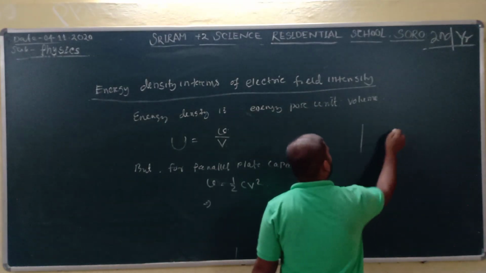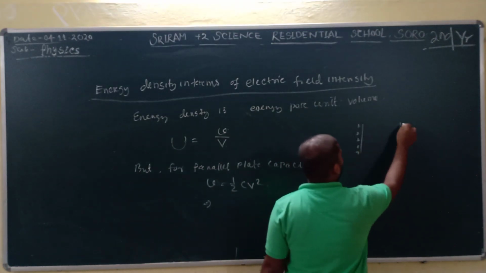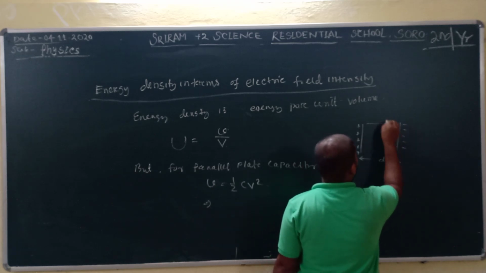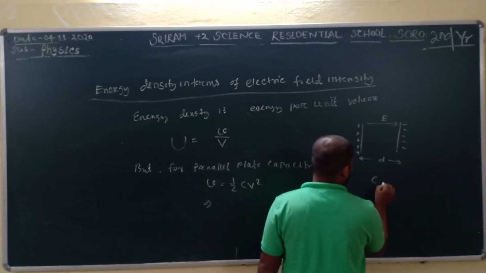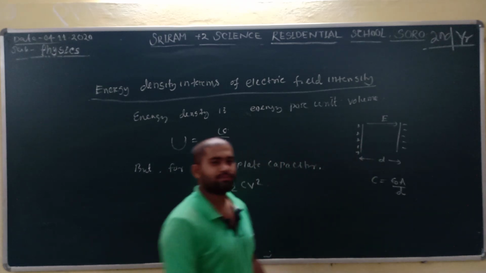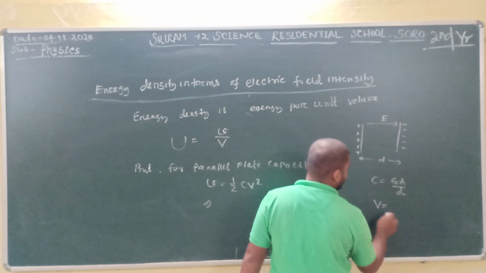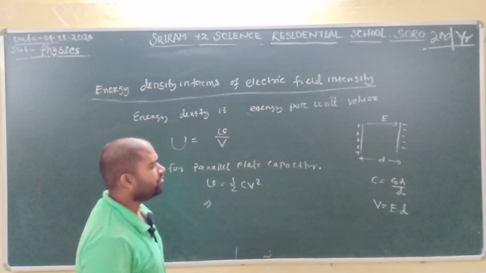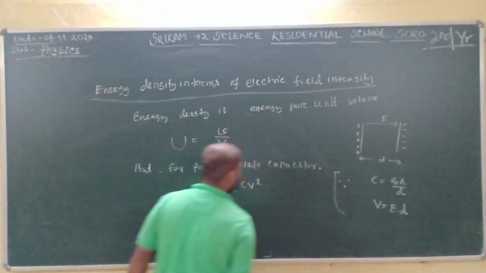Everyone knows for a parallel plate capacitor consisting of opposite charges separated by a distance d, suppose the electric field is E. Then the capacitance C equals epsilon naught A by d. And what is the electric potential? V equals electric field times distance. Substitute these two values.